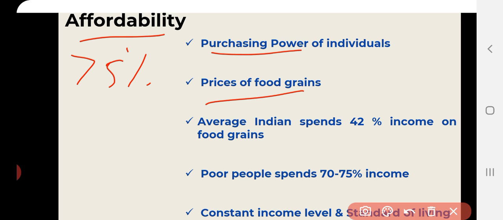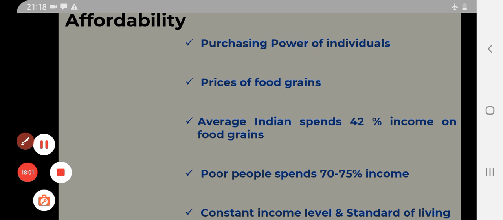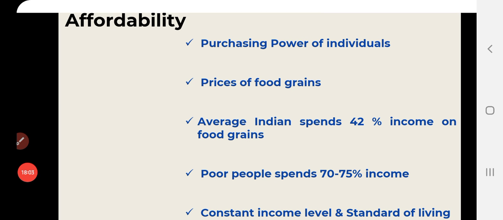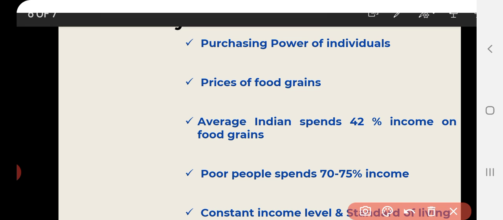And on an average in India, we spend 42% on food grains. The average Indian spends 42% of his income on purchasing food grains.